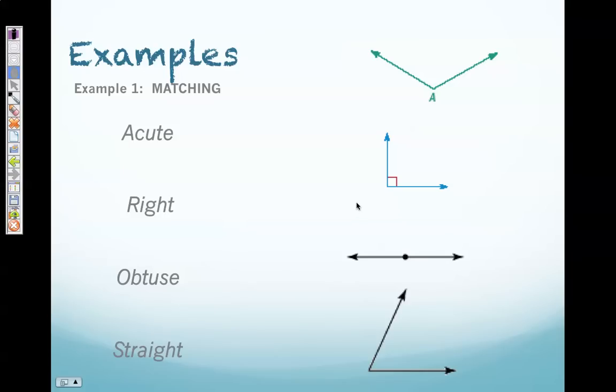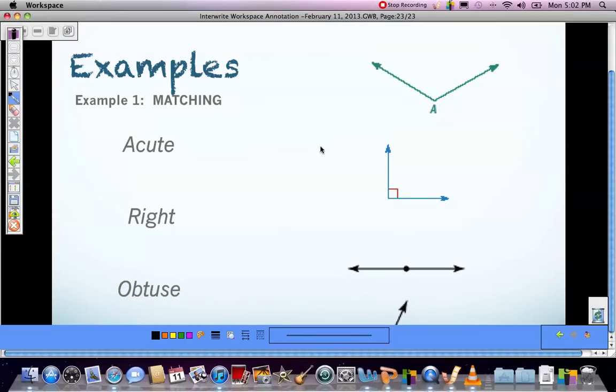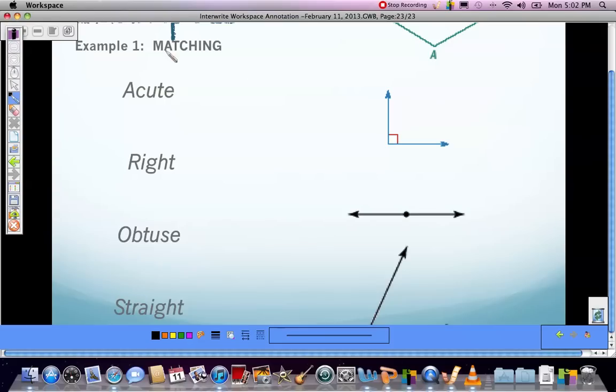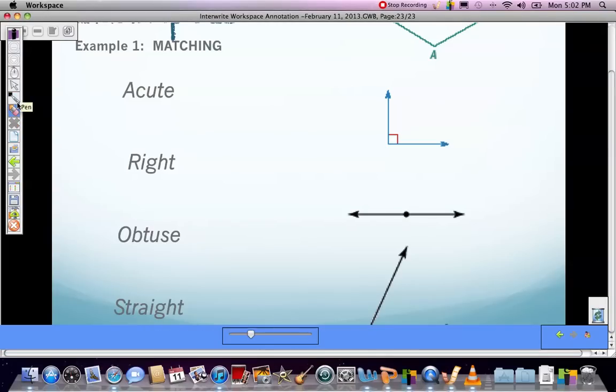All right, let's try some examples based on the things that we've learned. This first example is matching. So go ahead and try it before I actually give you the answers. Acute means less than 90 degrees. So just by looking at it, you can tell that angle A, oh, I'm sorry, that is not right. Let's erase quickly.